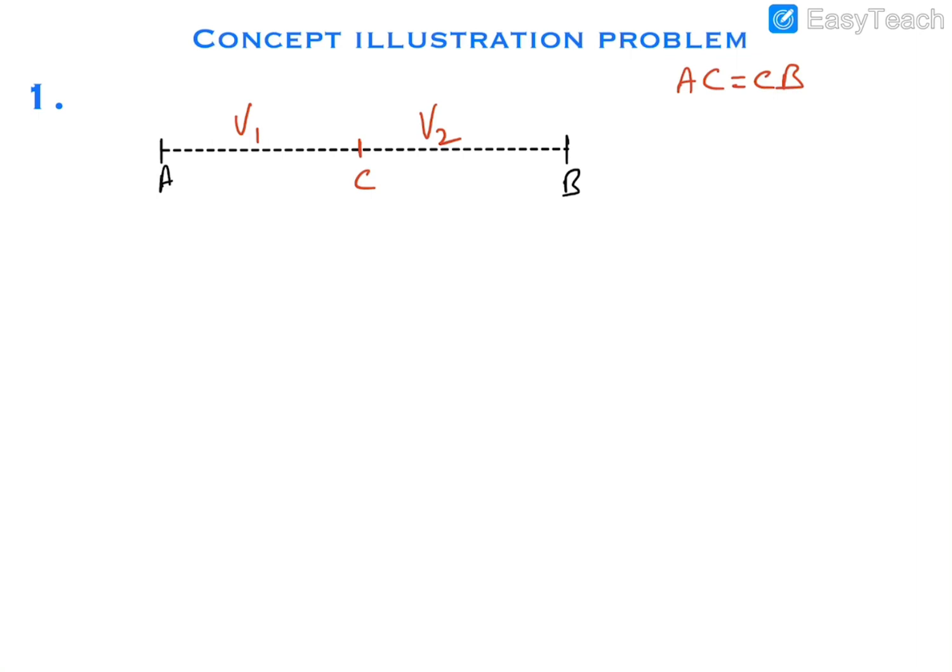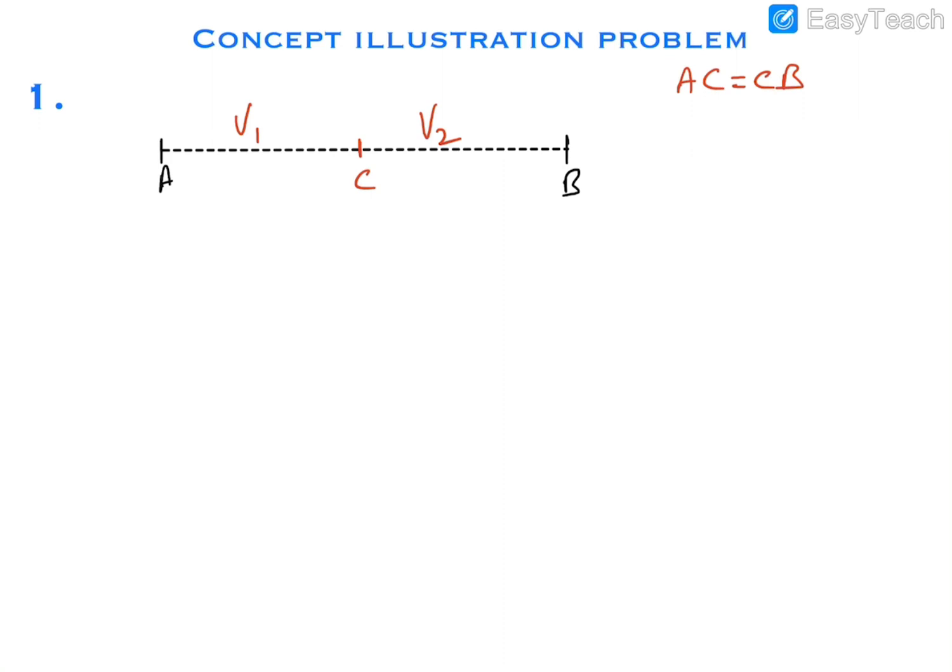problems in this section. Now first of all, in this question you can see that an object has to complete a journey from A to B, and it is completing the journey in such a way that if it has to travel a total distance of s, then C is the midpoint, AC is equal to CB.